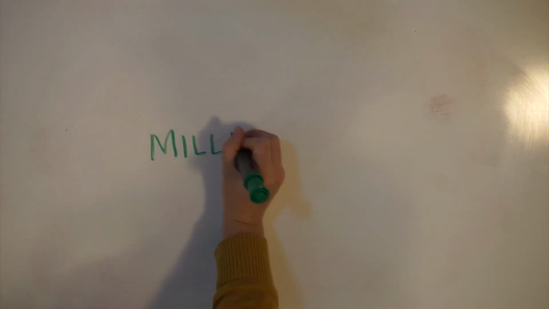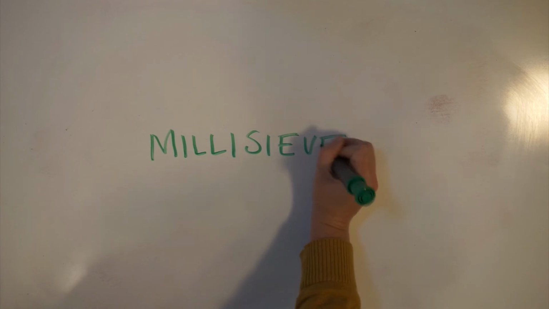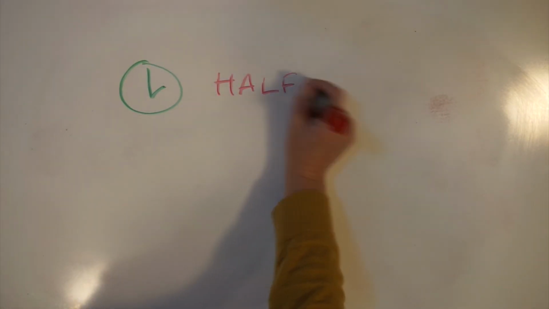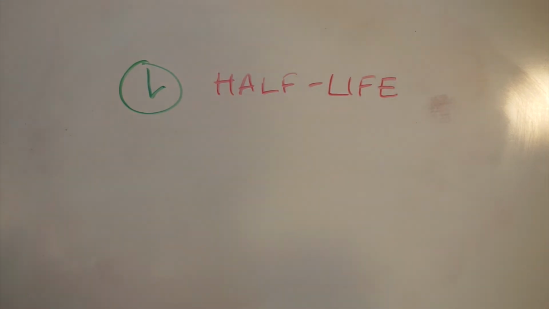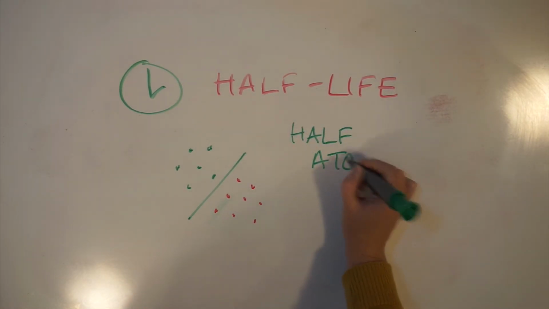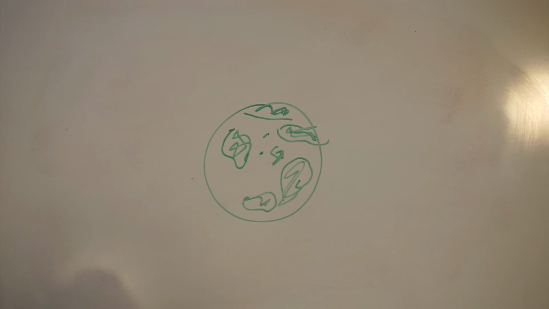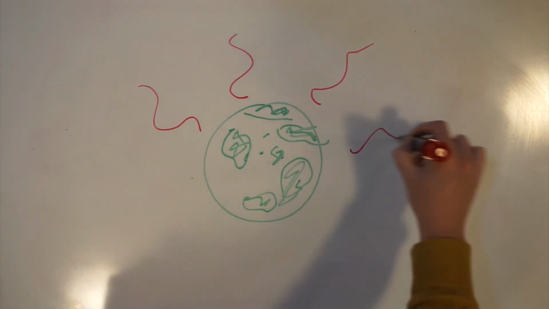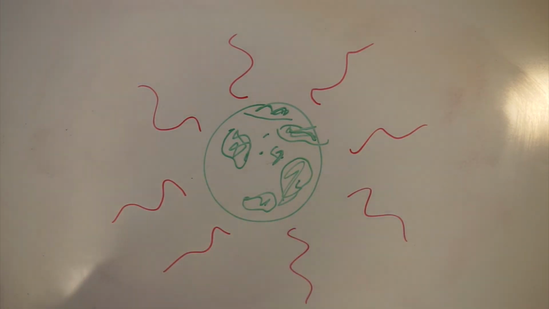Radiation is measured in millisieverts with a Geiger counter. How long things stay radioactive for is called the half-life, and this is when half of the atoms have decayed. Radiation is all around us and can be used in lots of helpful ways.